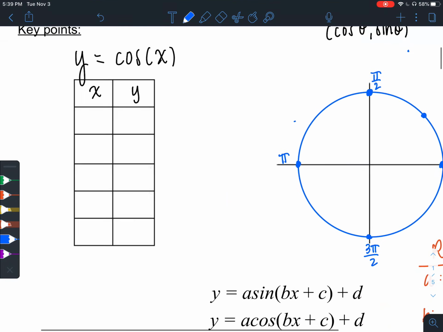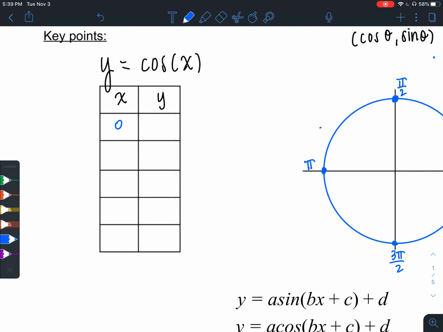So those are going to be our key points. So 0, pi over 2, pi, 3 pi over 2, and 2 pi are going to be our key points because they are our high points and our low points. You can graph more points if you really want to, but they're less useful and more work.